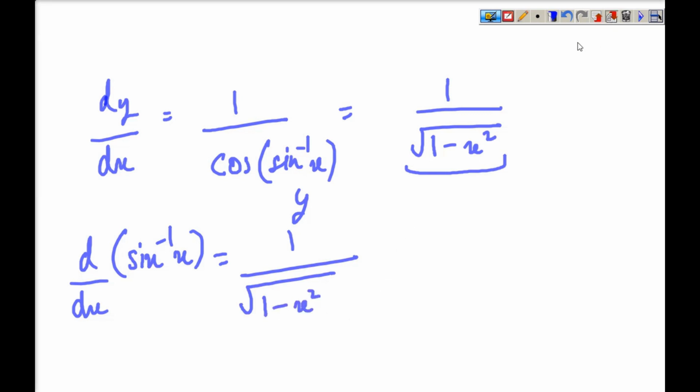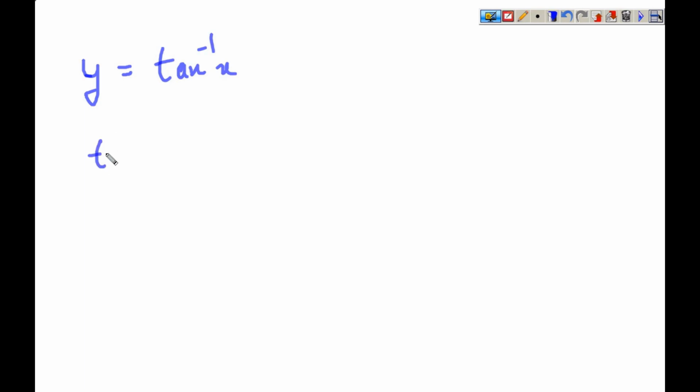So let's move on to another problem. We have to find the derivative of a function, let's say y equals tan inverse x. So we can rewrite this equation as tan y equals x, right?